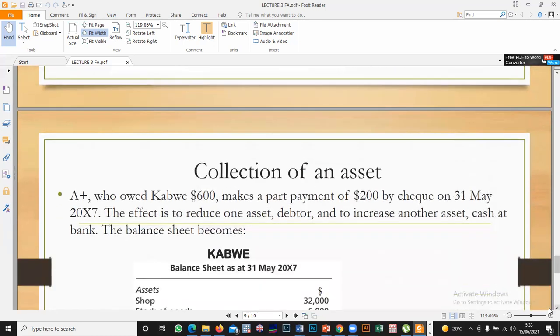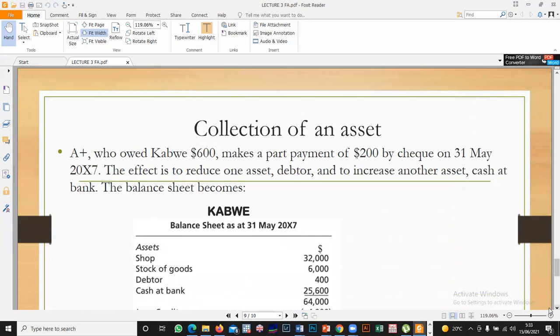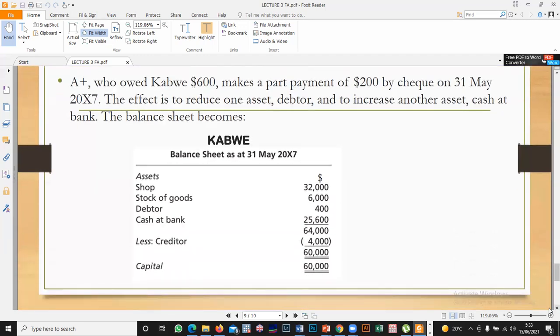Now, once you collect assets, the person who owes Kabwe comes and says, I'm owing you $600, and I'm going to make a payment of $2,000 via a check. Now look at how that is going to be done. We've got the shop asset of 32,000, then stock of 6,000, then the debtors amount. That amount has increased because they've given us that $200.